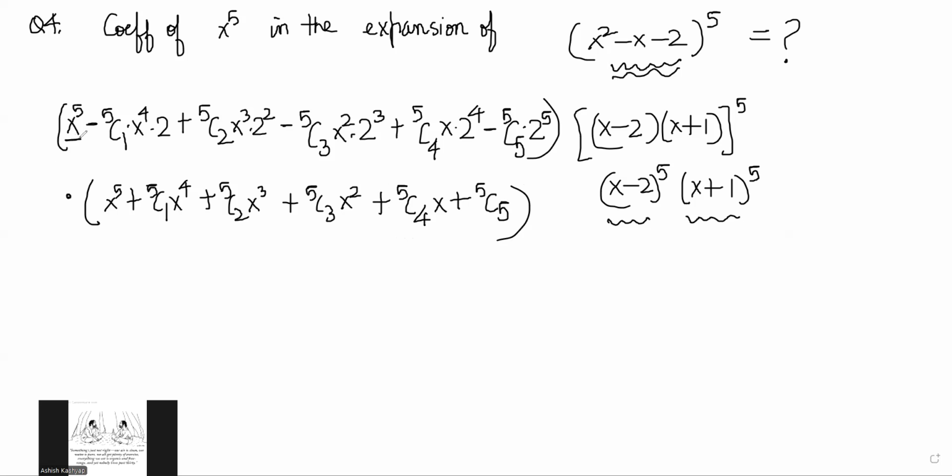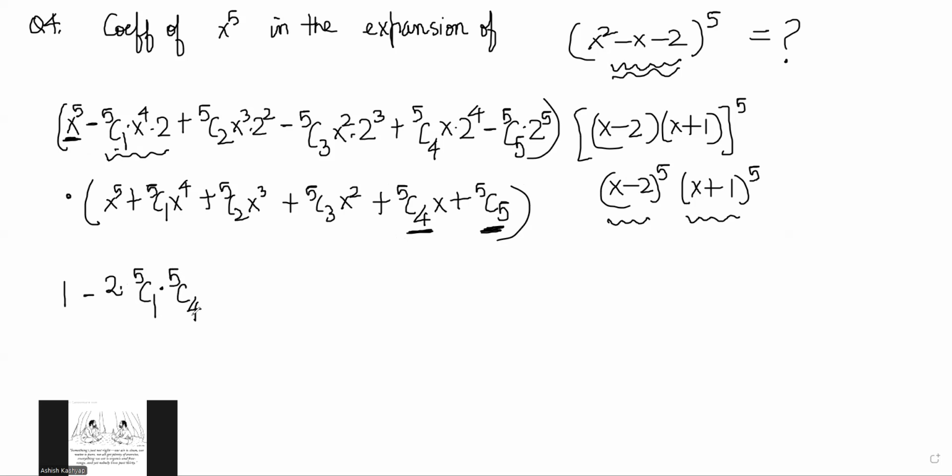So how will we construct x power 5 powers here? So let's start with this term. This term can multiply with this and you get a 1 here because 5c5 is 1. Then this term, right, this term can multiply with the x term here. So you'll get minus 2 times 5c1 times 5c4 here.